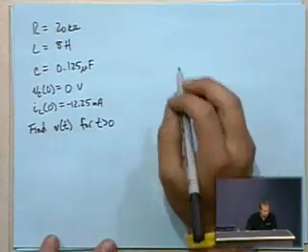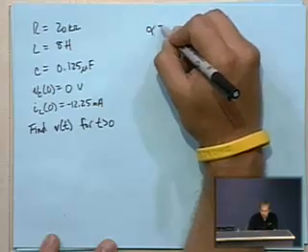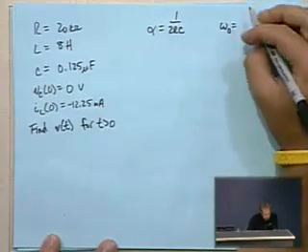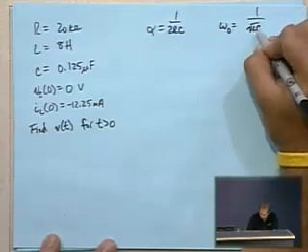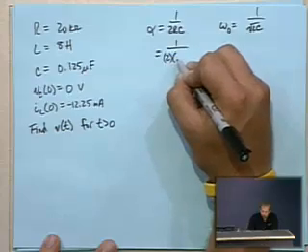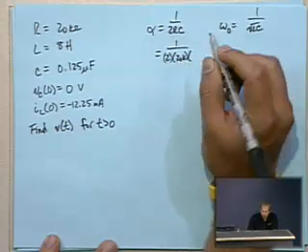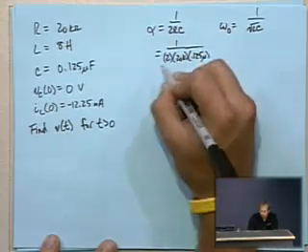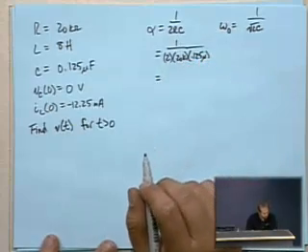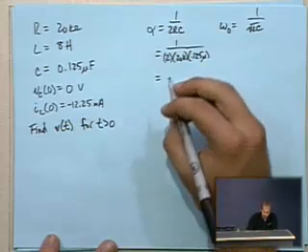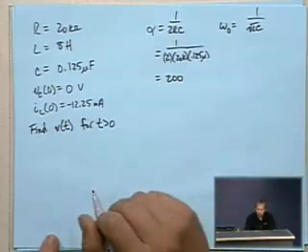0. So solve for alpha, which is 1 over 2RC, and solve for omega naught, which is 1 over the square root of LC. So this is 1 over 2 times 20K times 0.125 micro, and I'm going to hope that my math is right, and that alpha here equals 200.